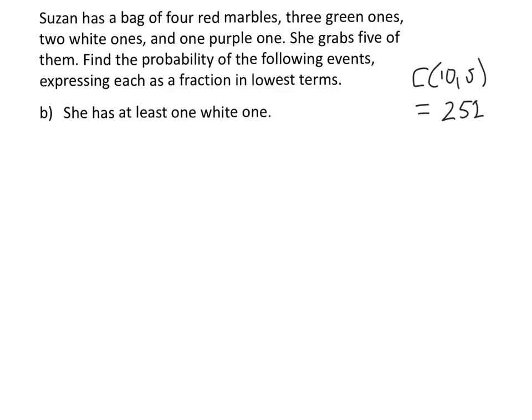Now, let's look at what's actually going on in this situation. At least. At least means, well, it depends on what it's at least of, huh? At least 1 means 1 or more. And in this situation, she has 2 white marbles.